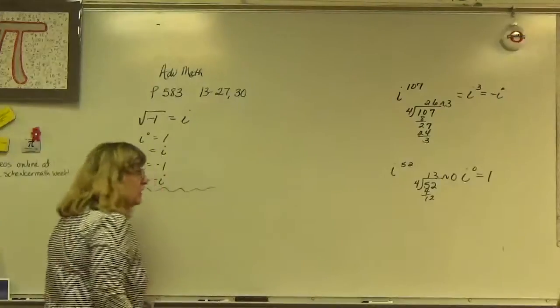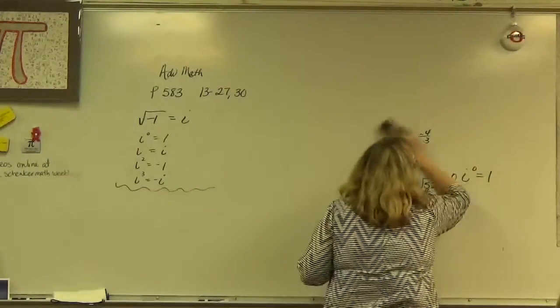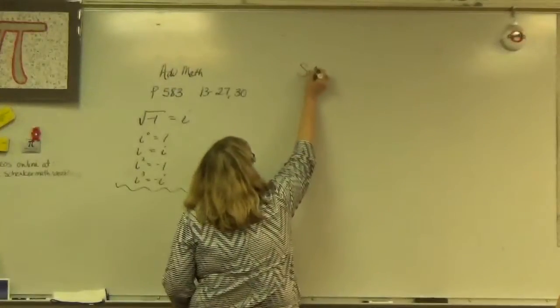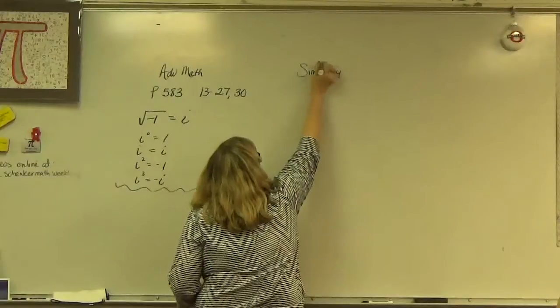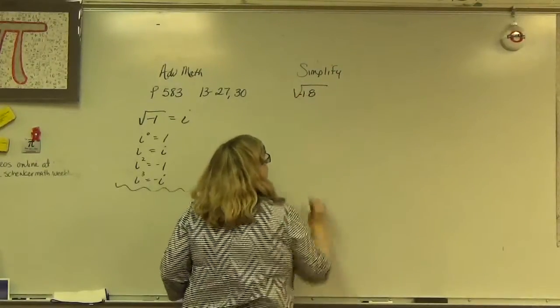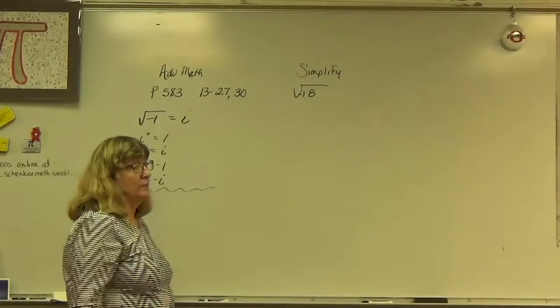Okay, in addition to that, you should have already simplified radicals that have negatives underneath them. So if I were to have, and you just need to write down a few of these, what if I have the square root of negative 18? How can I simplify that?